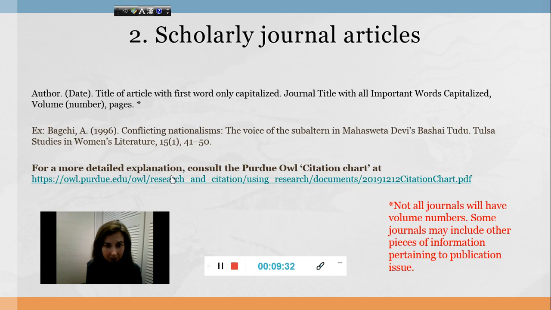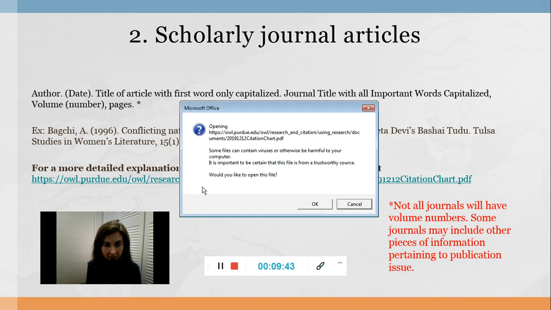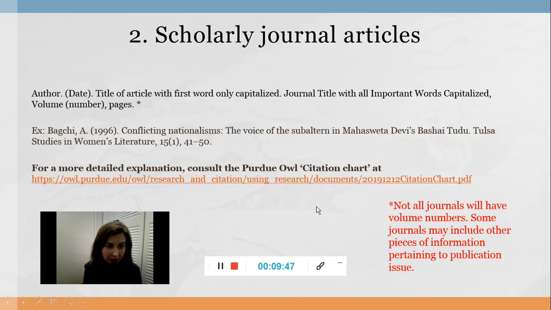So let's see. We're going to go here again, and you can see more citation charts if you click on this link, and I will provide you with a PDF. So again, Purdue OWL is going to be your best site for finding information about references.